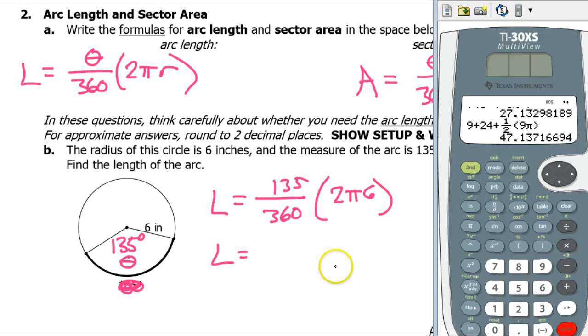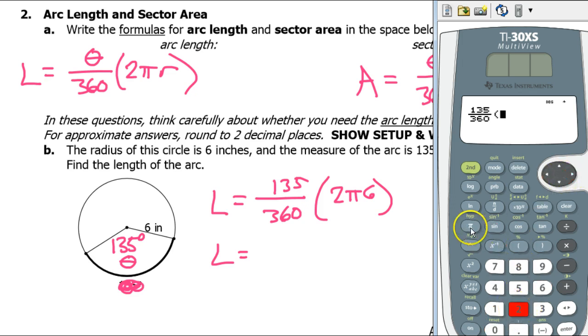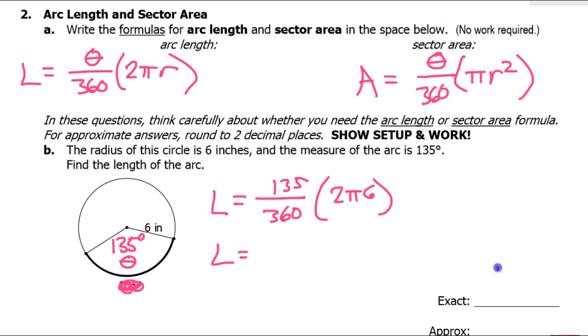So let's see if I put this whole thing in my calculator, sometimes it'll give me an exact value just like that. 135 over 360. And I could just put 2 pi 6 if I want to. Let's see what happens. 9 pi over 2. So easy.